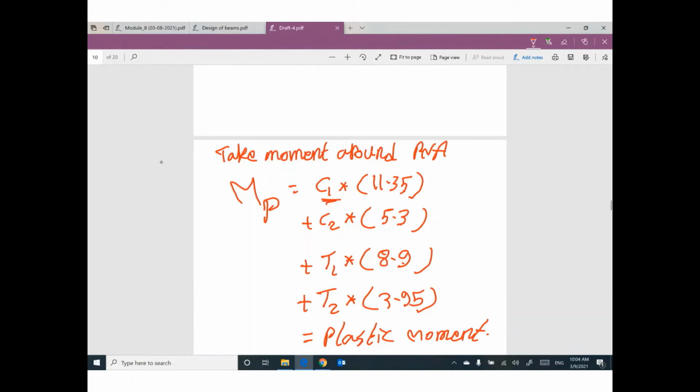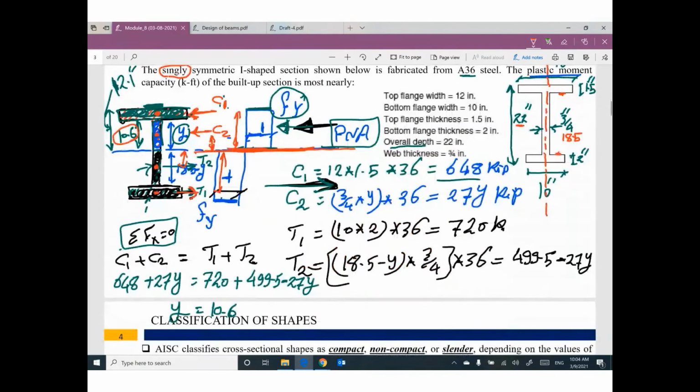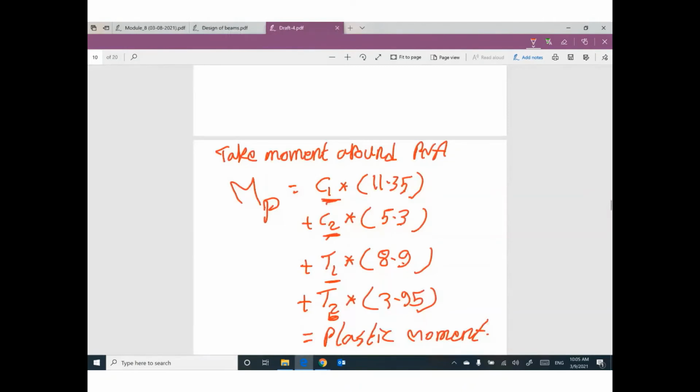The values of C1, C2, T1 and T2 are known. After you get y, I can figure out C1, which is known. C2, I can figure out because you know the value of y. T1 is known, and T2 can be known because y is known right now. So once you put in your numbers, I can get a final answer, which is called the plastic moment.